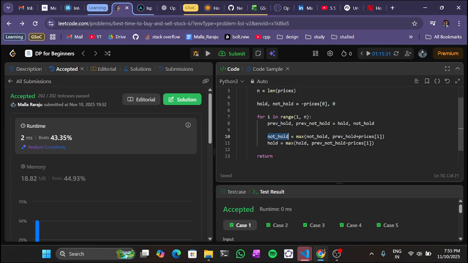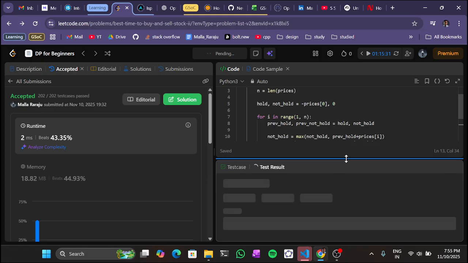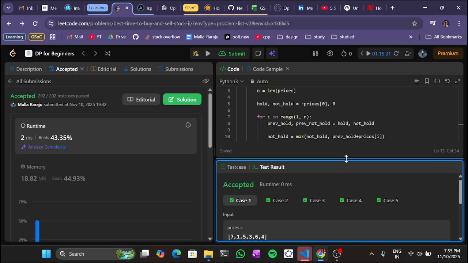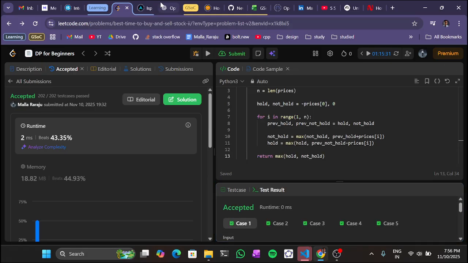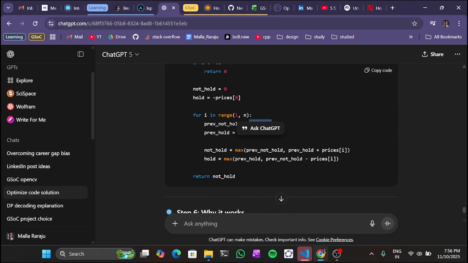It should be the maximum, right? Maximum of both hold and not hold. But why is it only using not hold? This is the most confusing part.